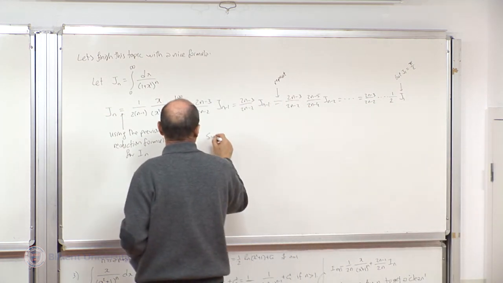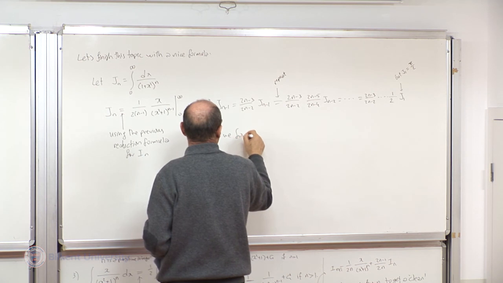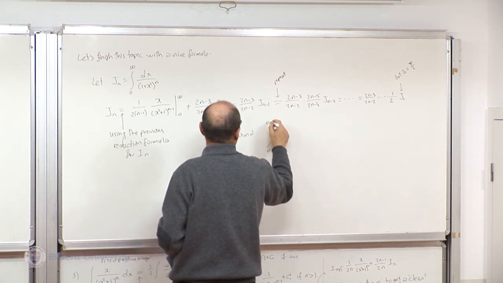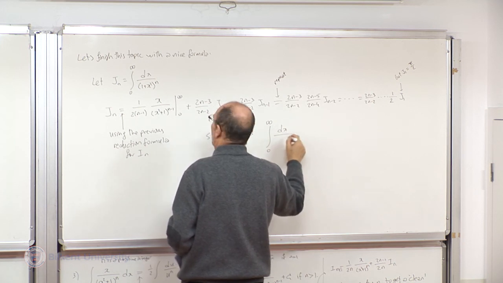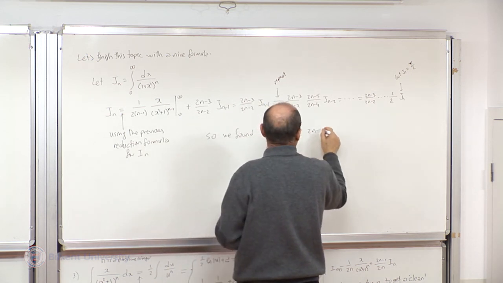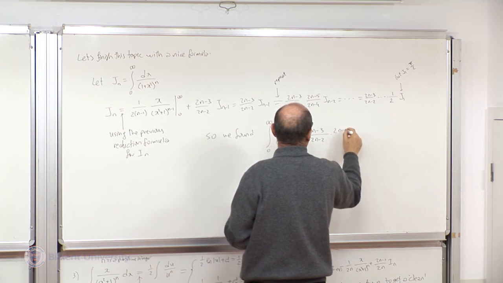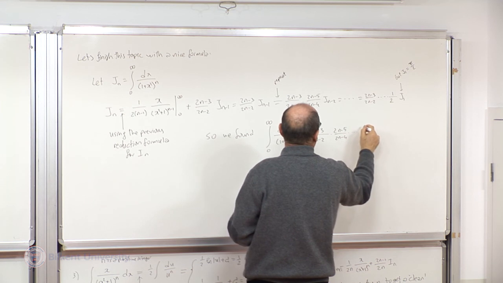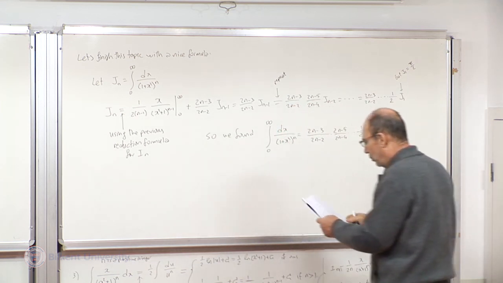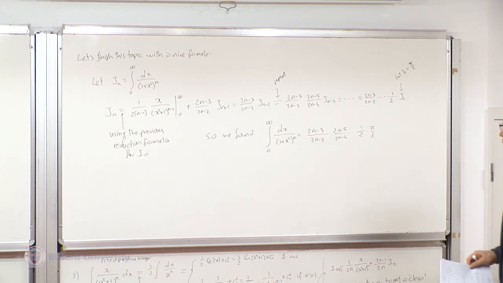So we found that the integral from 0 to infinity of dx over (1 plus x squared) to the power n is (2n minus 3 over 2n minus 2) times (2n minus 5 over 2n minus 4) and so on, down to 1 over 2, times pi over 2, depending on what n is.